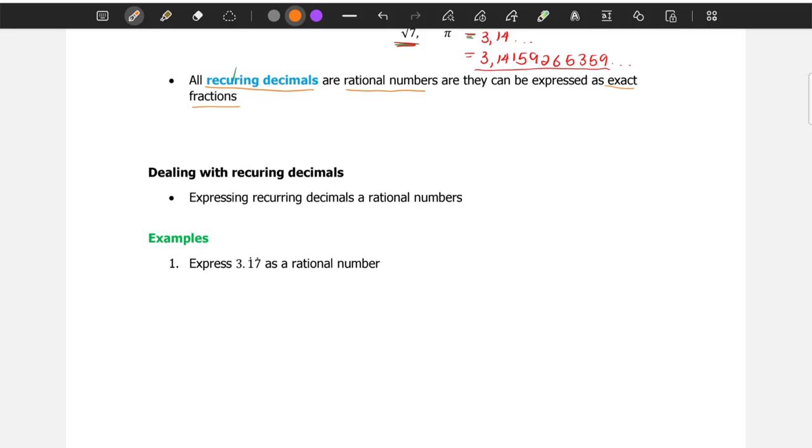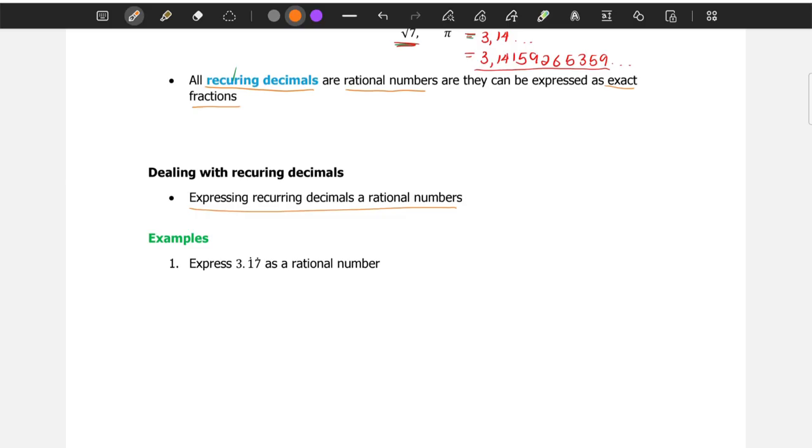Part of the requirements is that one needs to know how to express recurring decimals as rational numbers, which means as exact fractions. So for example, this question says, express 3.17 recurring, with the recurring digits being 1 and 7, as a rational number.